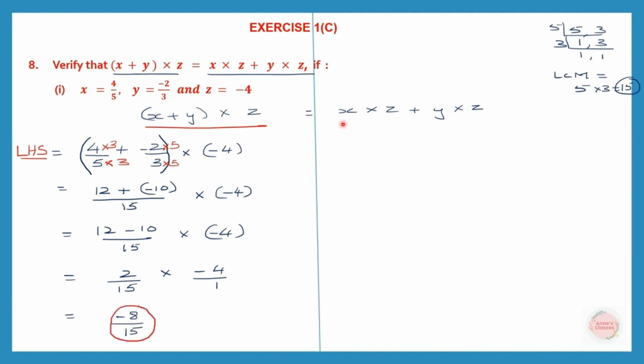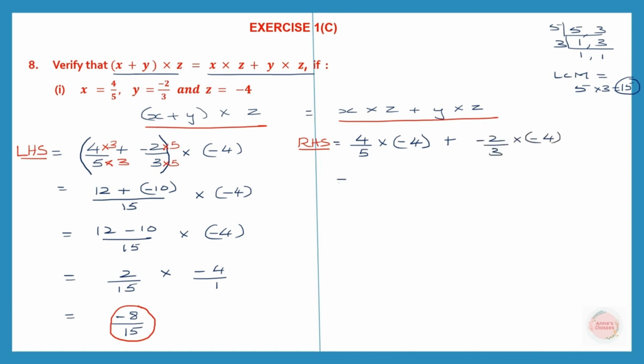Now let's see on the right hand side whether we get the same answer. So this is the right hand side which we are going to work out now. So substitute the values. x is how much? 4 by 5 into z, which is minus 4, plus y, minus 2 by 3, into z again, which is minus 4.